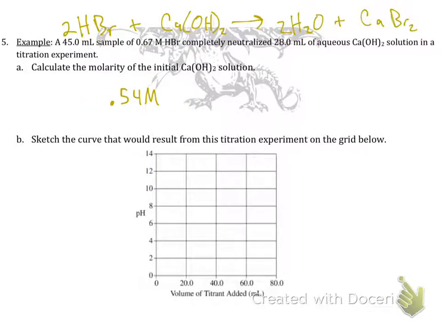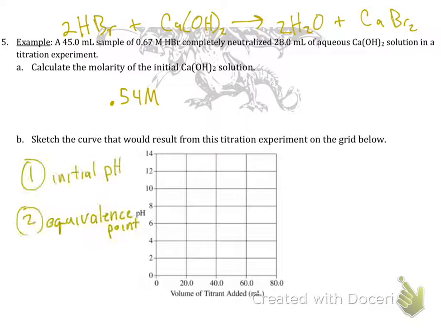Now for part B, we need to sketch a graph of the curve. And to do that, it doesn't need to be perfect, but there's really 3 points that we want to do. We want to know what the initial concentration is. We want to determine 2 different points: the initial pH, and the equivalence point.